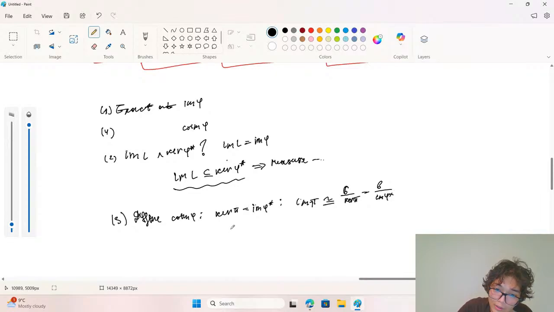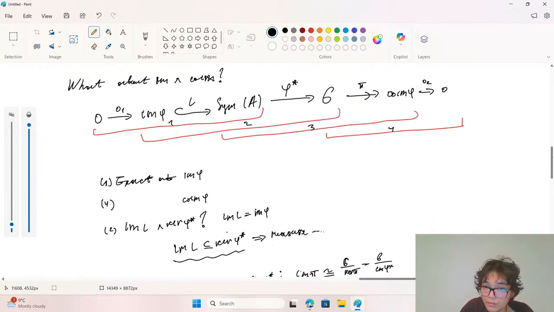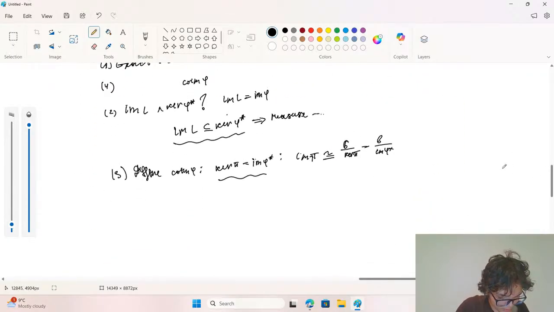And from this, kernel of pi, I said it's G, and here I made an assumption that is not valid. It might not be valid, it might fail here. It's a very crucial step.